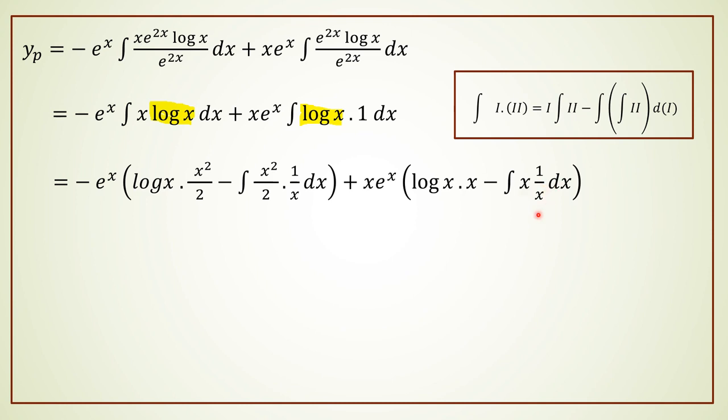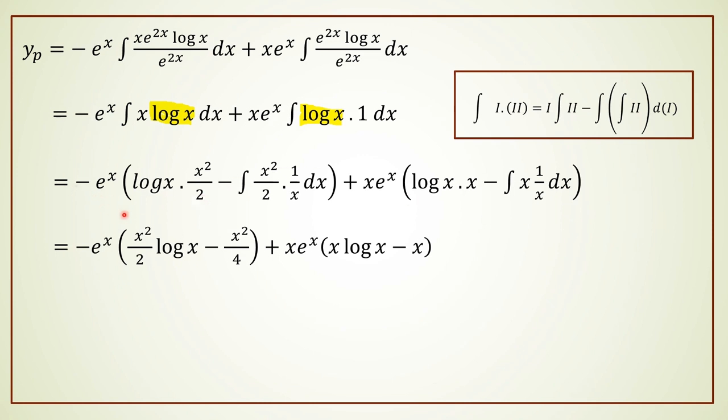Okay. Now let me just solve the integral over here so that the above equation reduces to the form yp is equal to minus e^x into (x²/2 log x minus the integration of x/2), and x gets cancelled over here.